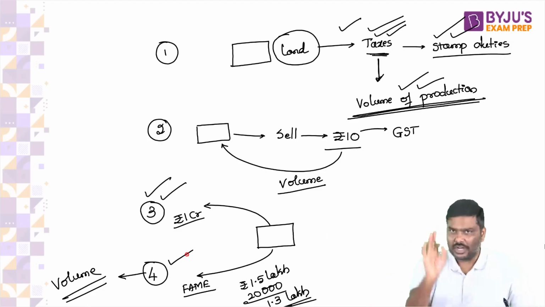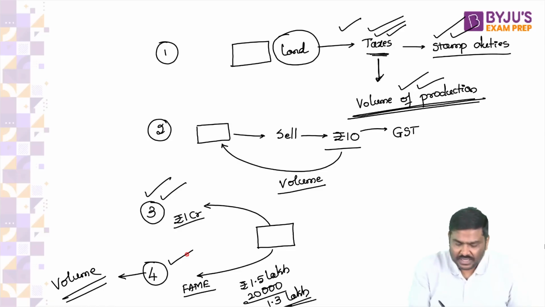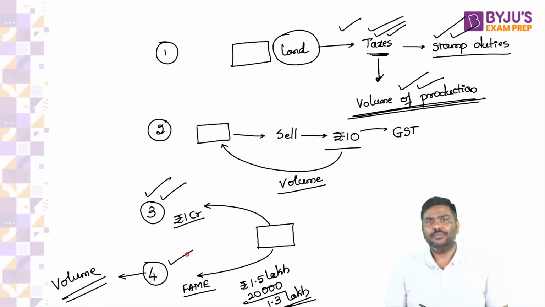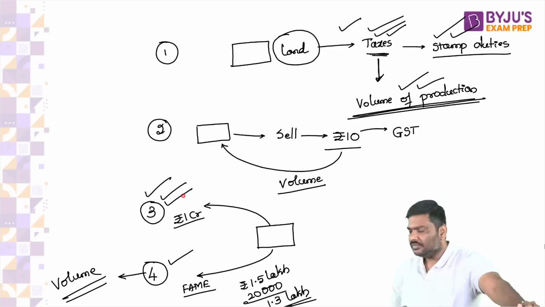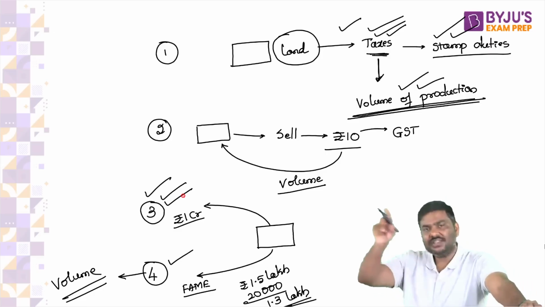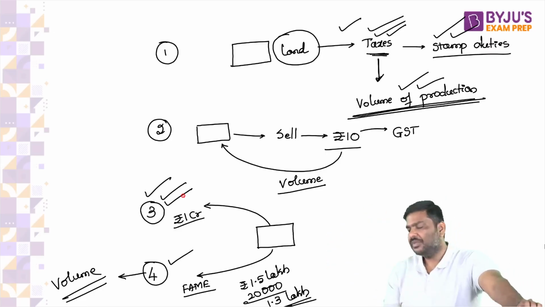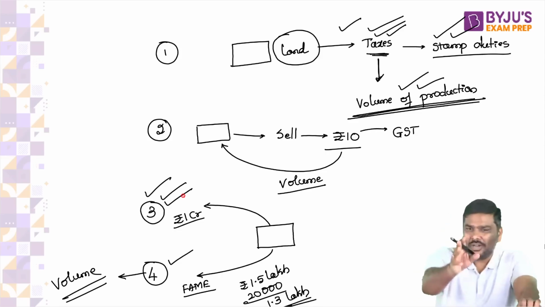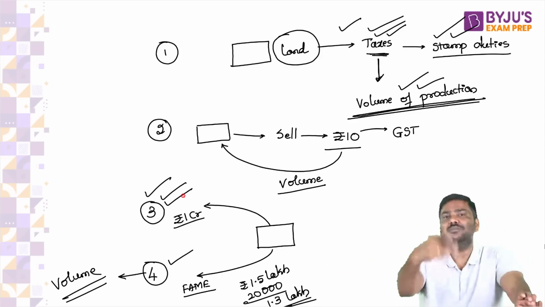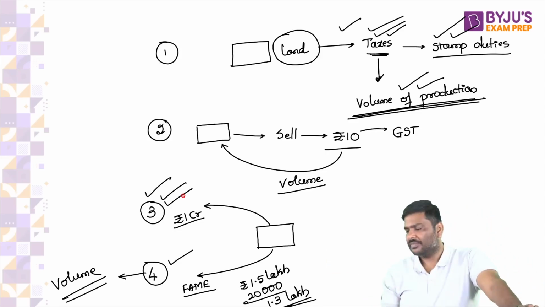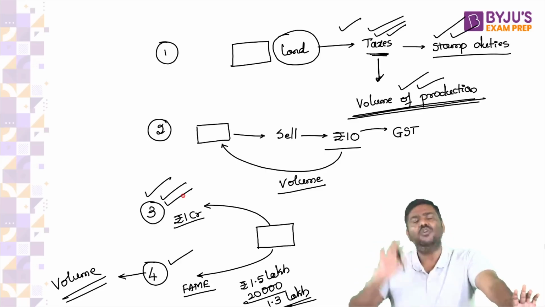In the third example, imagine you decide to invest 100 crore rupees in India. The government says, I want you to invest, so I will give you a subsidy of 1 crore rupees.